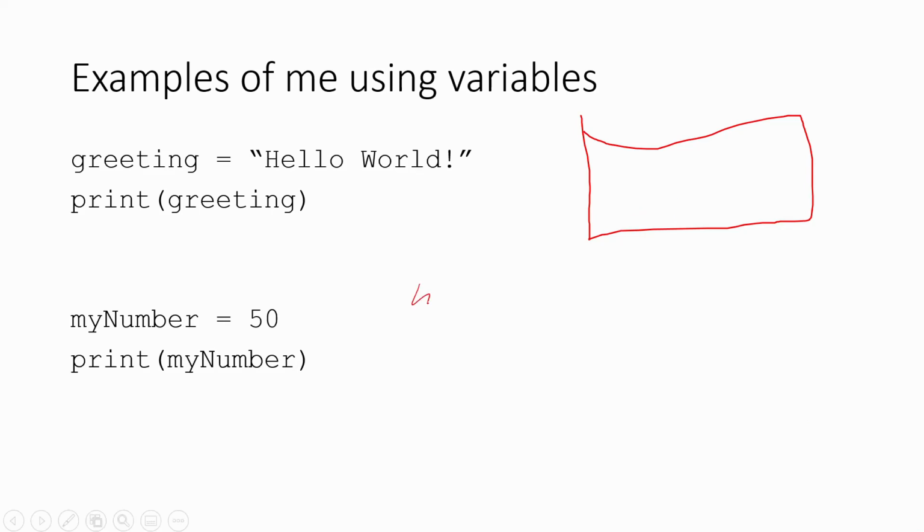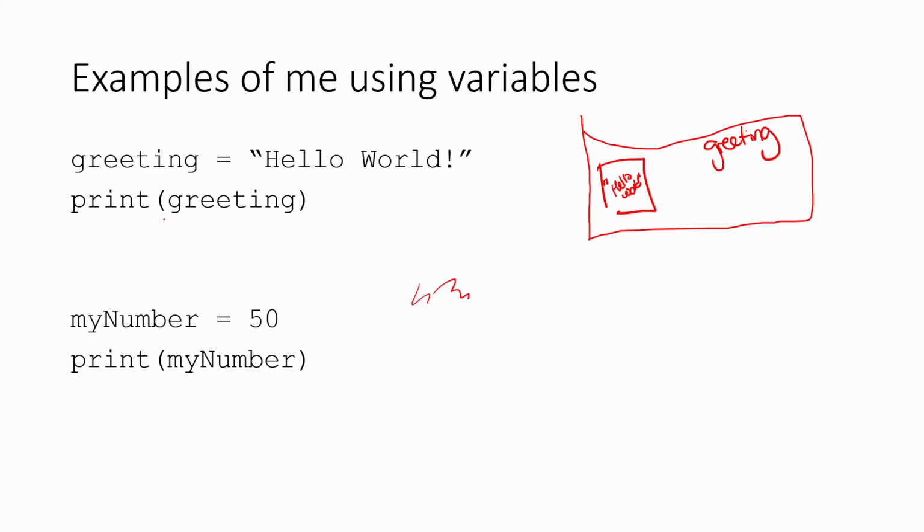So we're going to put the word greeting on it. So we've labeled the box and we've placed the value, the sticky note, hello world inside. Notice it's in quotations, so it is a string. So that would be a red sticky note.